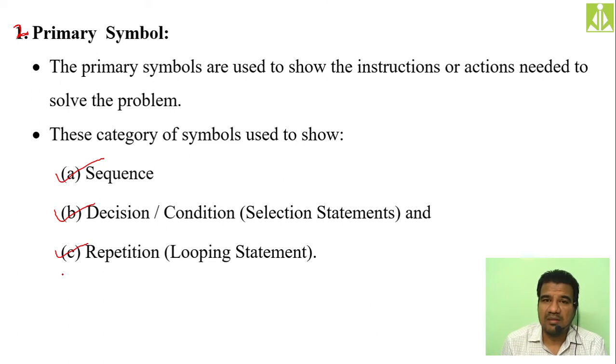Decision making, where based on the condition, there is a possibility that a few statements will be skipped. If you want to skip statements, you have to go for decision making, that is conditional statements. And if you want to repeat a particular statement more than once, then we have to go for iterative statements, that is nothing but looping or repetition.